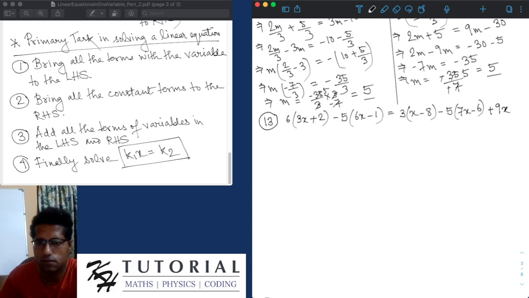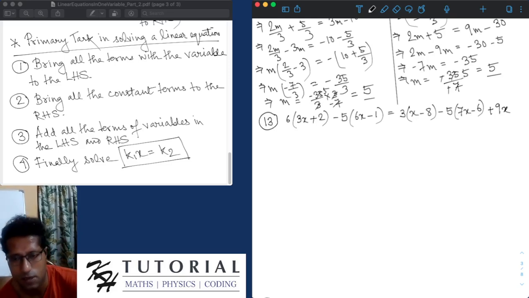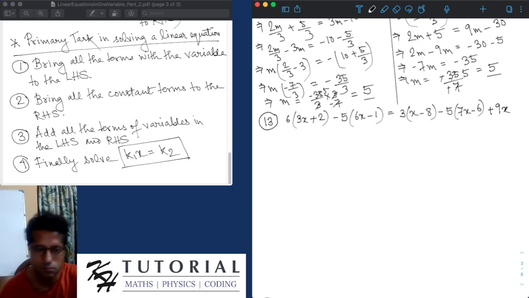So we have to do the products and bring the variable terms to the LHS and the constant terms to the RHS very slowly and carefully. The only thing is that you have to do the multiplications and the transpositions very carefully, so that you do not make any silly mistake.